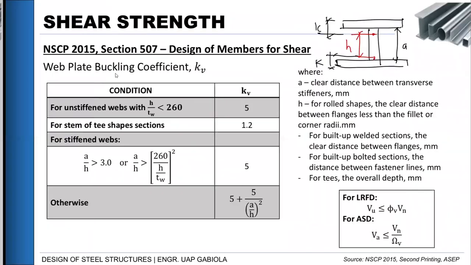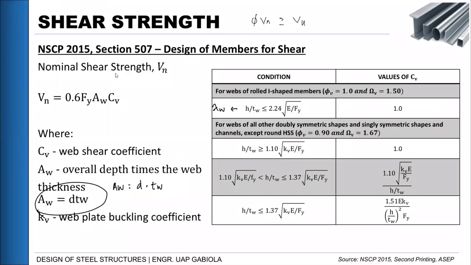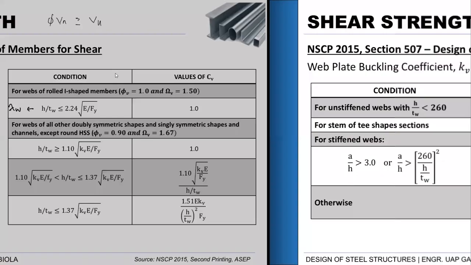So, since yung ating value is indeed less than siya, okay? Therefore, ang phi v natin, kasi LRFD ditong ginagawa natin, will be 1.0 and ang CV natin will be also 1.0 as shown din dun sa ating table. Na-satisfy mo to, so ibig sabihin, ang phi v mo is 1.0, ang CV mo ay 1.0.